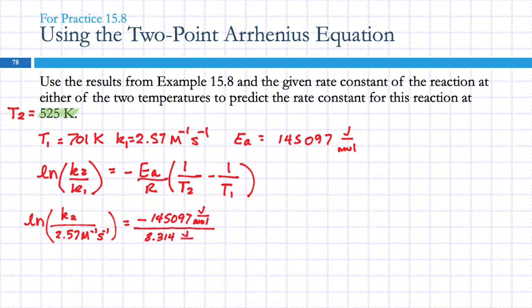Over 8.314 joules per mole Kelvin, times temperature 2, 525 Kelvin, minus temperature 1, 701 Kelvin. Again, you can choose to use the solver or to do some algebra.